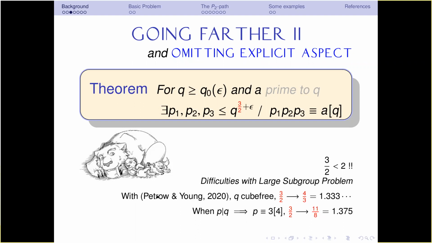In fact, if you use the recent work of Petrov and Yang, when Q is cube free, you can even reduce this 3½ to 4/3. If you have some special condition, you can even go to a smaller exponent. We don't have 1 plus epsilon yet, but we have a rather small exponent. So I write difficulties with the large subgroup problem.